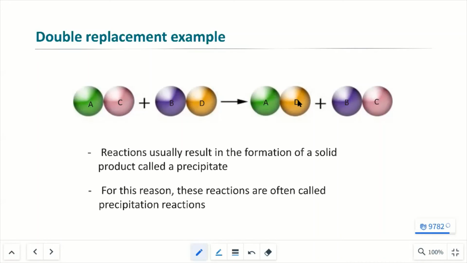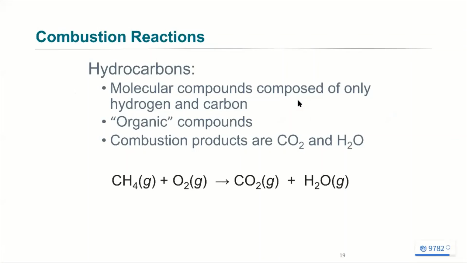Now, like I said, that's not the only kind of double replacement. There are others, and as we come to them and as they become relevant to us, we'll acknowledge them as they come. But most of what we see is that precipitation reaction. The last kind of chemical equation is the combustion reaction. Combustion reactions involve the use of hydrocarbons.